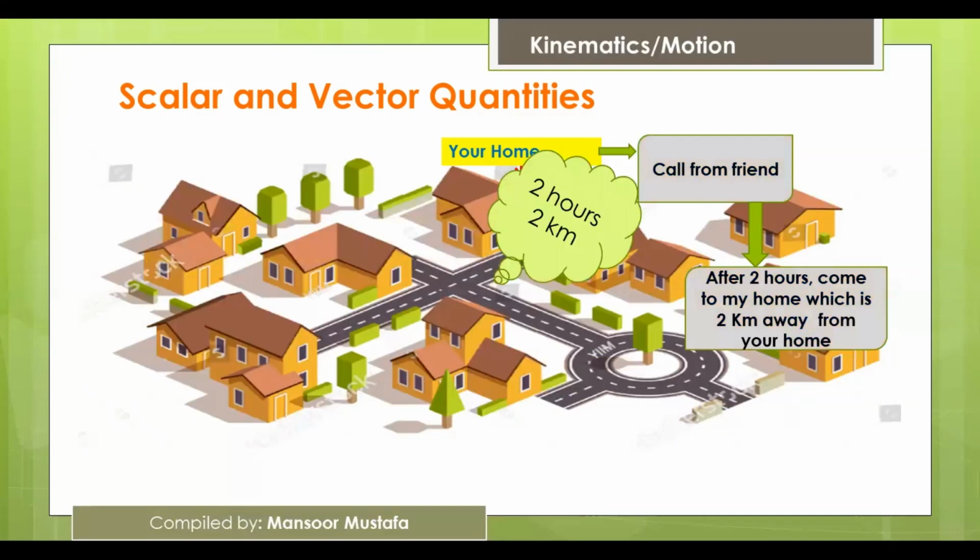After 2 hours, you leave your home to go to your friend's home. Keeping in mind the information your friend provided, first of all he informed you that you have to come after 2 hours, so that's okay, nothing wrong with this information. So keeping this in mind, you leave your home.